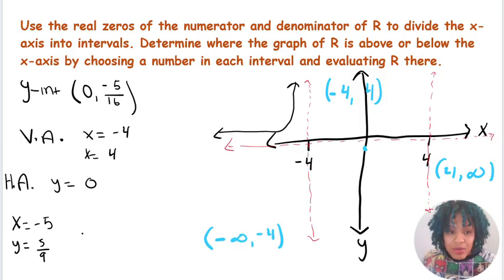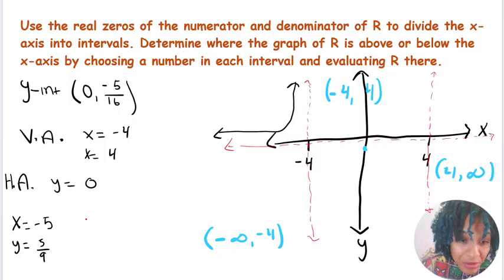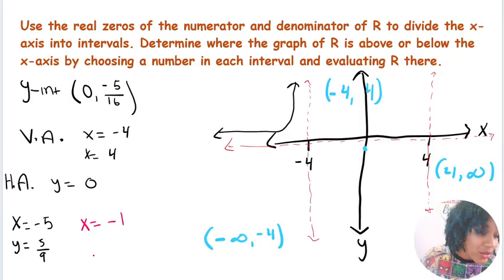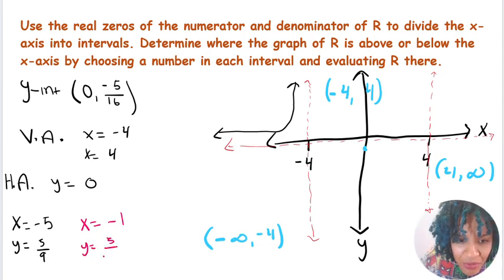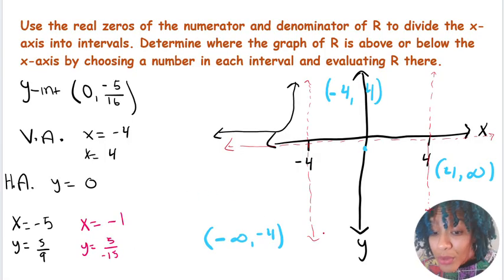On my second interval, I pick x equals -1, and then when x was -1, it gave me a y of 5/-15, which is negative. Therefore, it's going to be below.